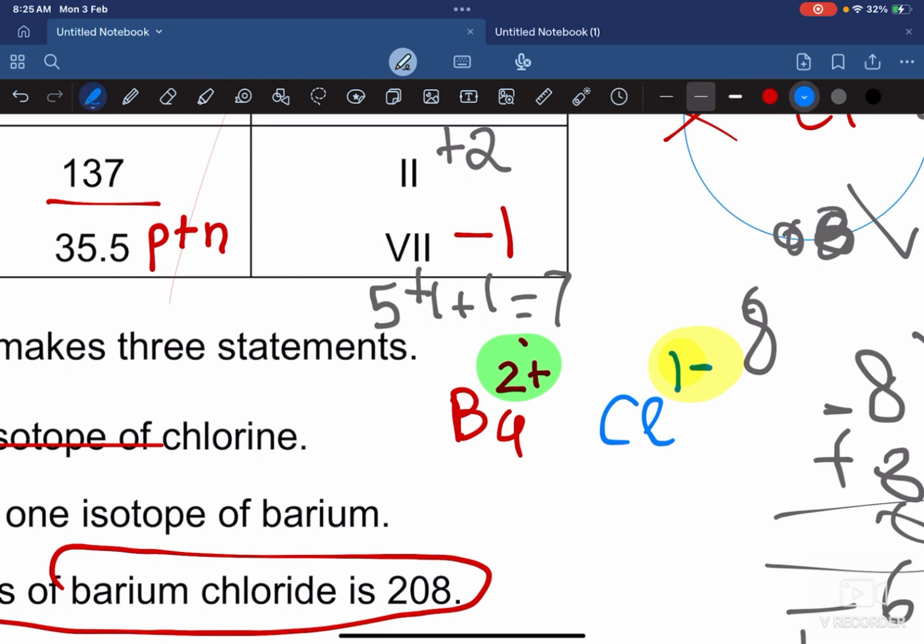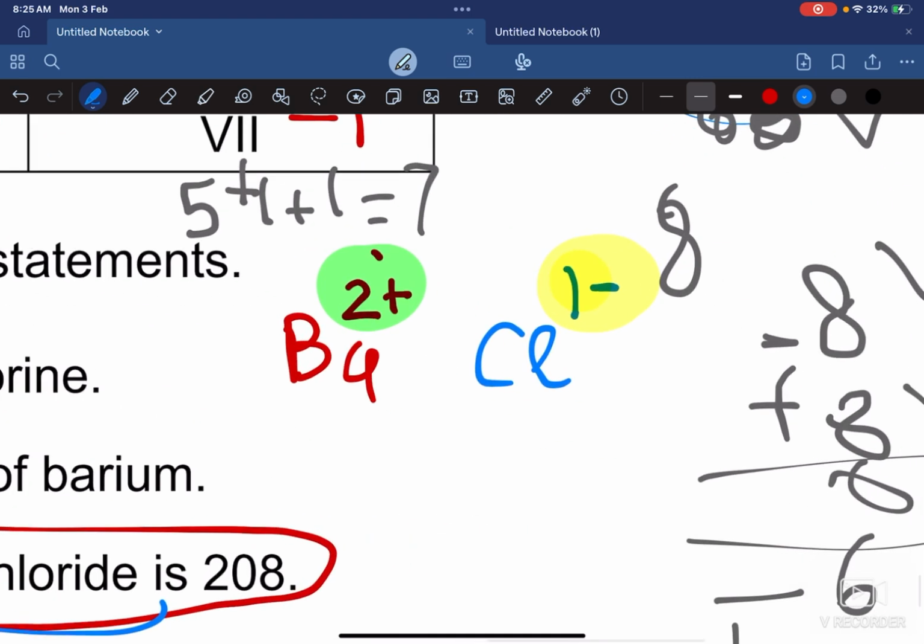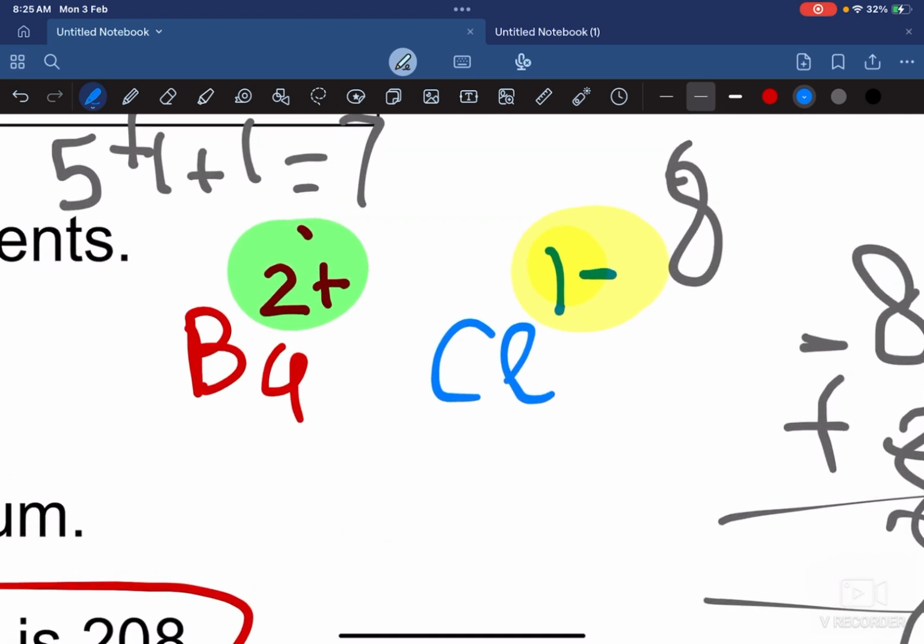Okay, so how do you form ionic compounds, the formula? You have to form barium chloride. Look, that's simple. You have a positive 2. In order to balance it out, you need a negative 2. Only a negative 2 can balance a positive 2. Yeah, am I correct in this? Only a negative 2 can balance out a positive 2.